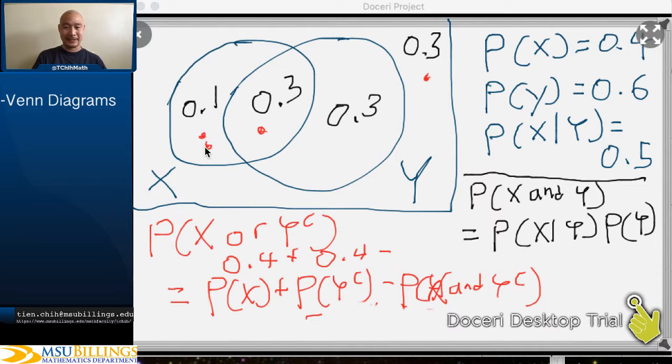We can see that it's the piece that's dotted twice. That's 0.1. And 0.4 plus 0.4 minus 0.1 is also 0.7.